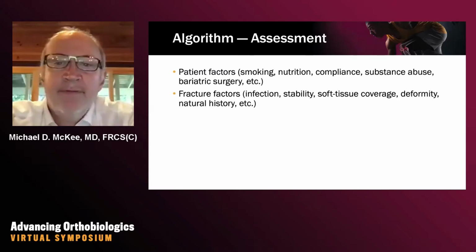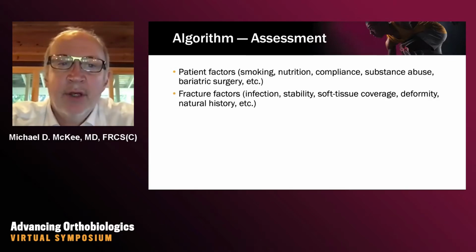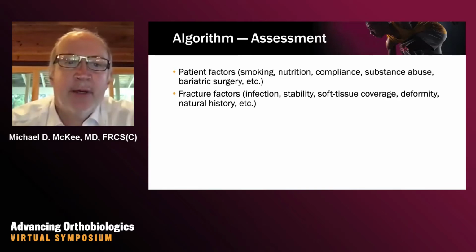So in order to effectively use any algorithm, you have to have some facts before you start. And I would argue that these two main areas are what is critically important when you are deciding how to treat someone who has a non-union. And those are the two basic categories.